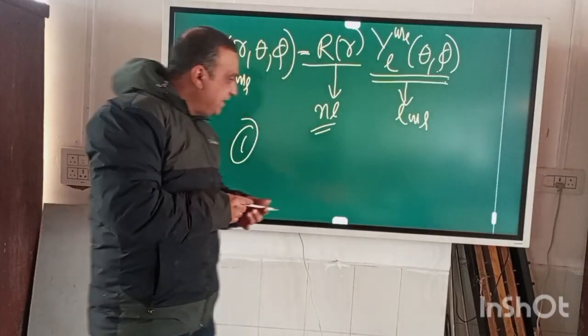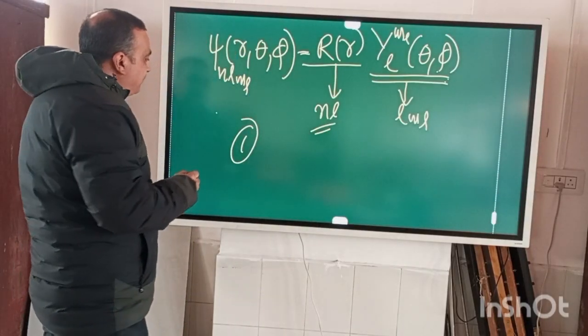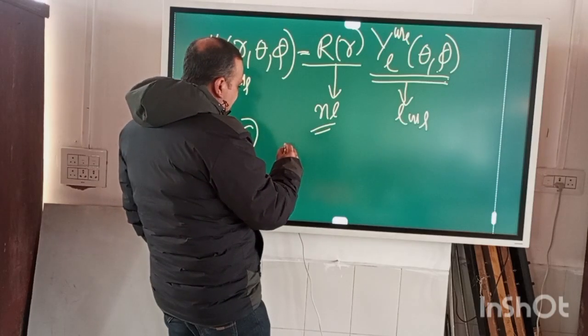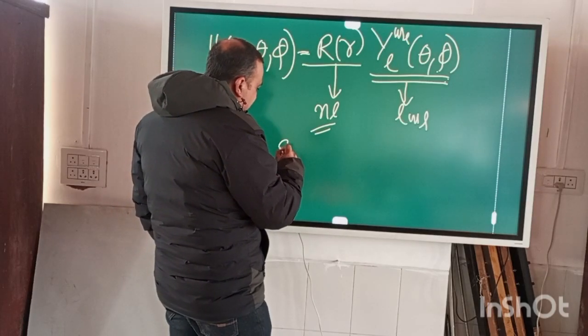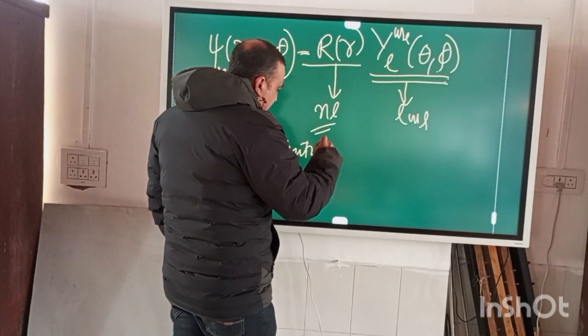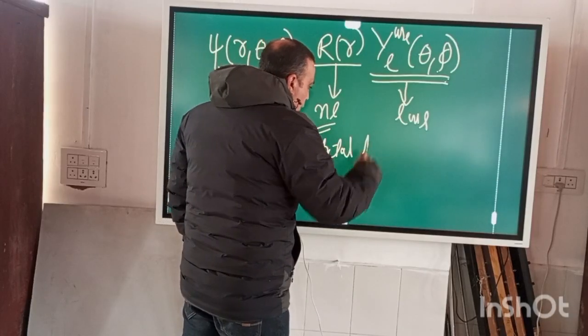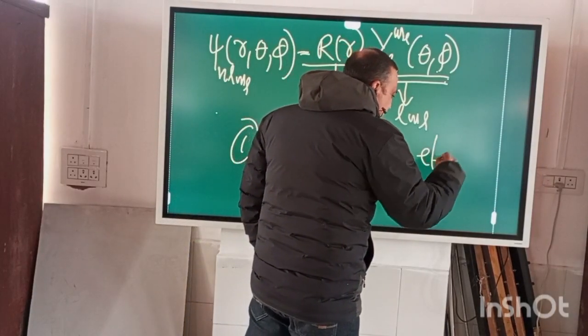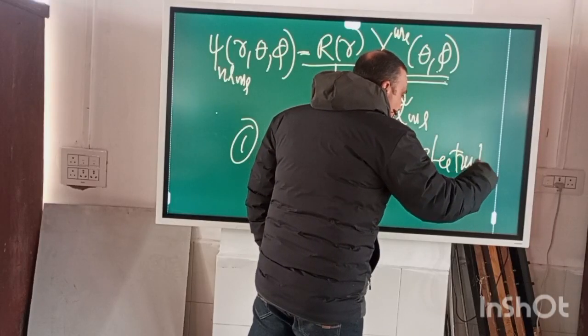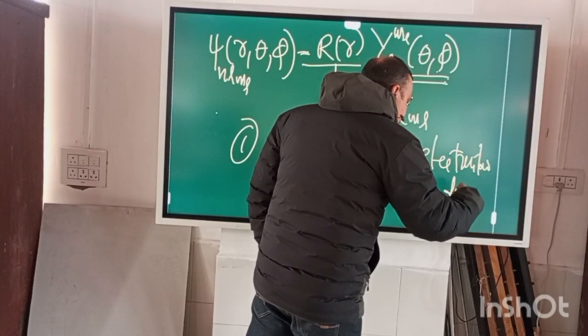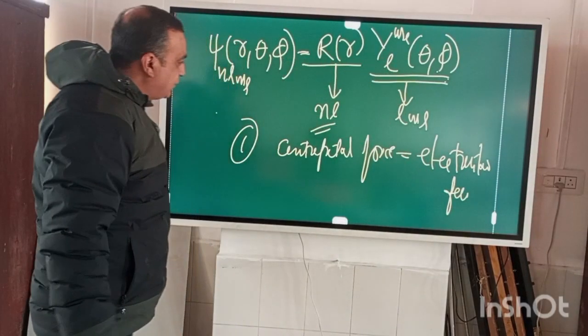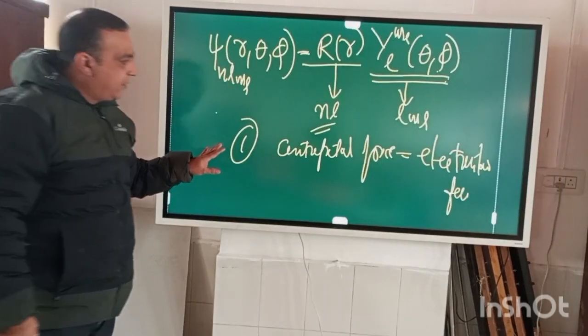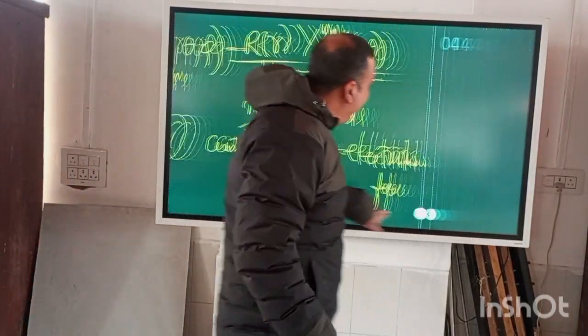So the first postulate of Niels Bohr was that the centripetal force is balanced by the electrostatic force. We can write this down mathematically.